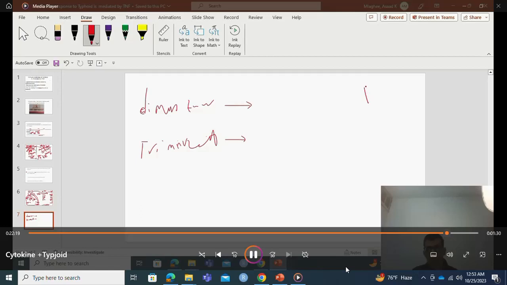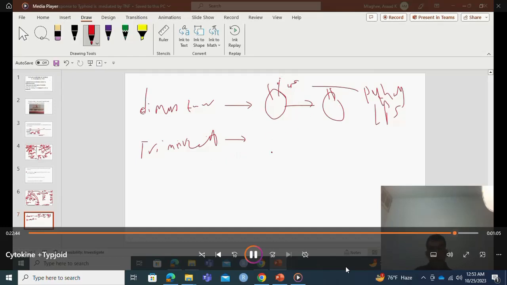The ligand from the pathogen, LPS, when binding with the host, converts to dimerization. Two receptors come together.